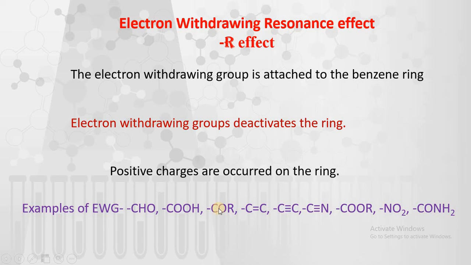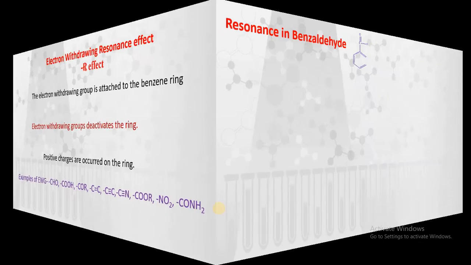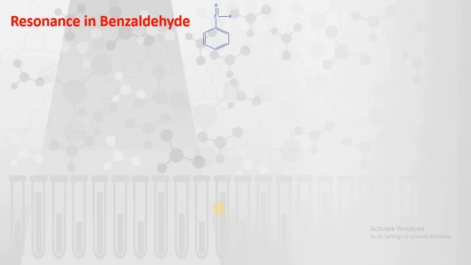These are the groups which are showing double bond outside the ring. These double bonds are going to attract the electrons from the benzene ring. Let us see the example of resonance effect in benzaldehyde.